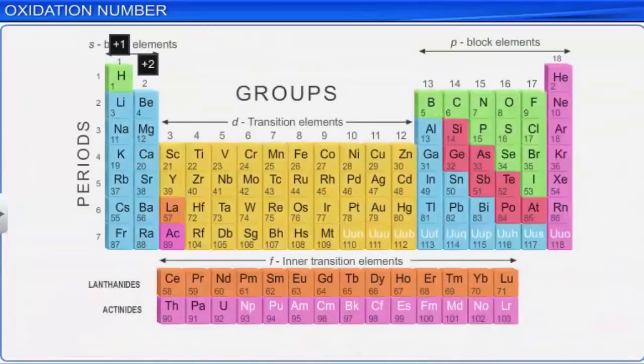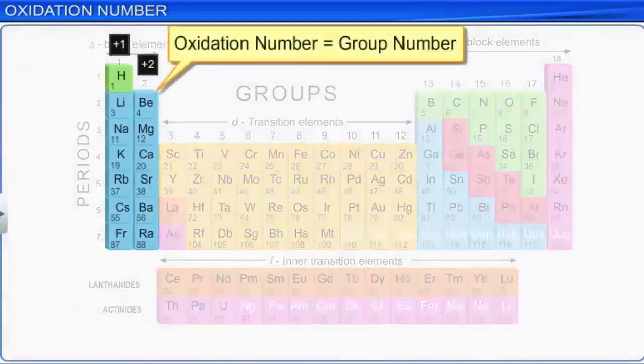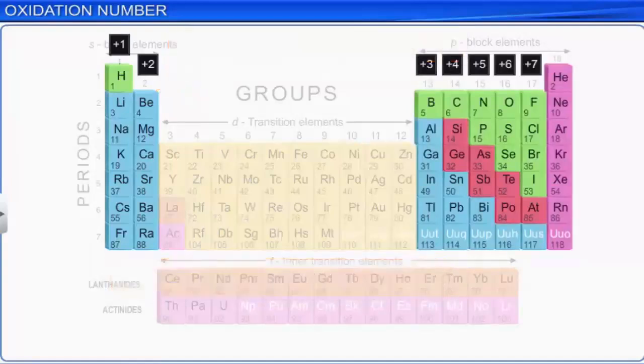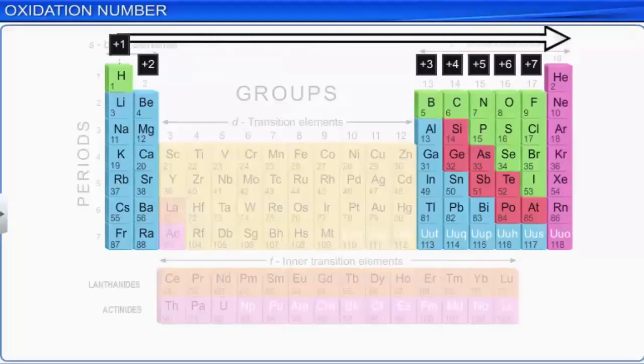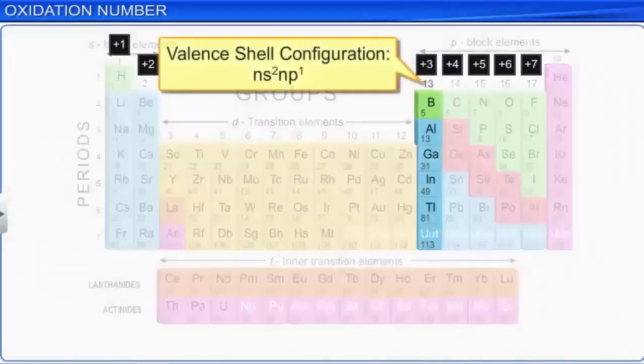The highest oxidation number of a representative element is the group number for the first two groups and the group number minus 10 for the remaining groups. This shows that the highest value of oxidation number exhibited by an atom of an element increases across the period in the periodic table. For example, the valence shell configuration of the 13th group elements is ns2, np1.